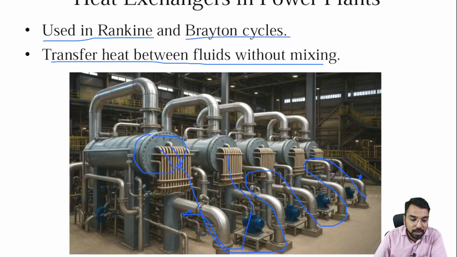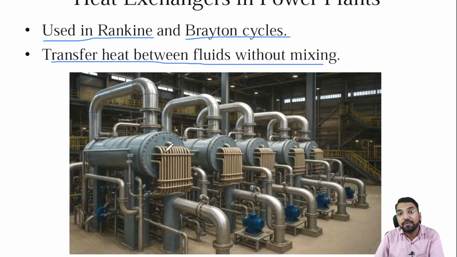You can see here once again, by optimizing the surface area of the tubes inserted in this cylindrical structure, that is, the surface area of the tubes in contact with the flue gases for preheating the water in this power plant heat exchanger. If you increase that surface area, then there will be more chances of heat transfer. Why?